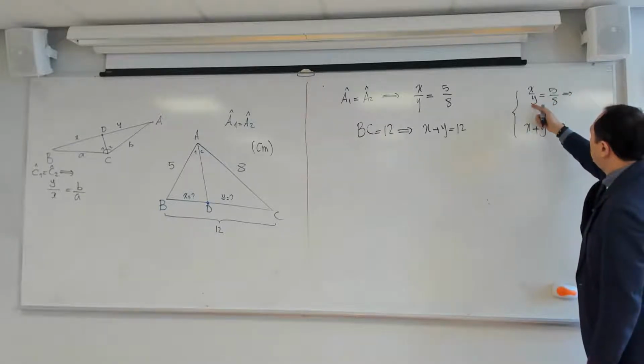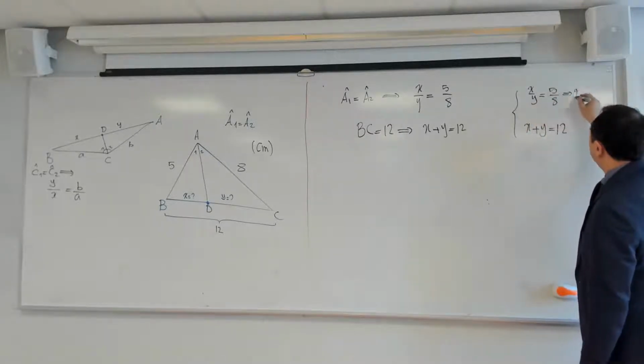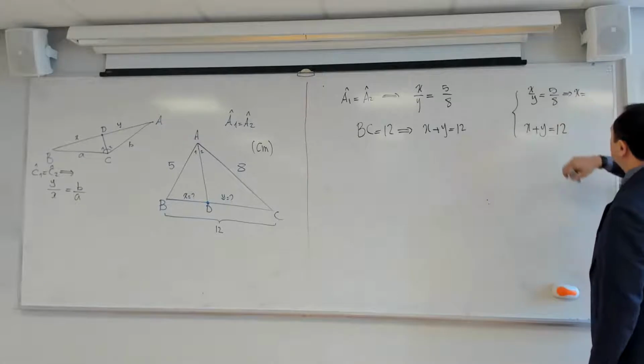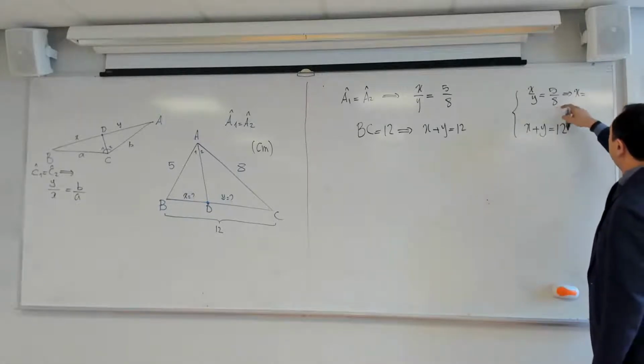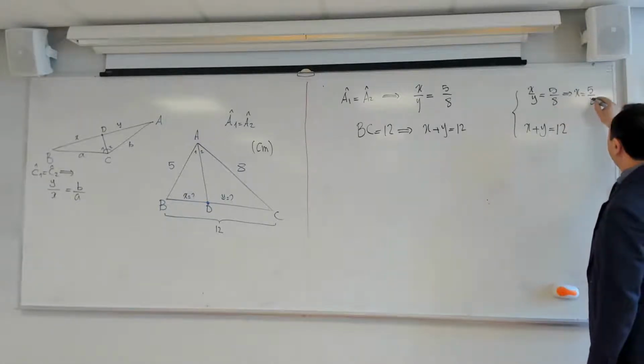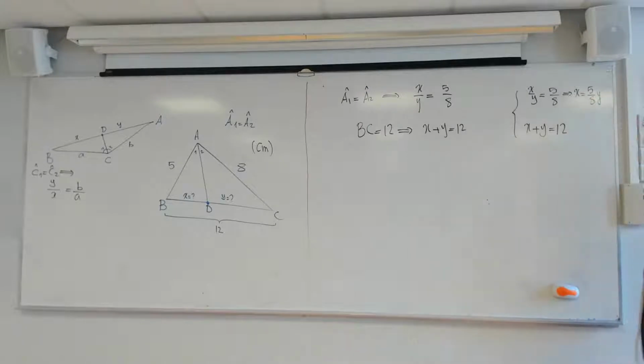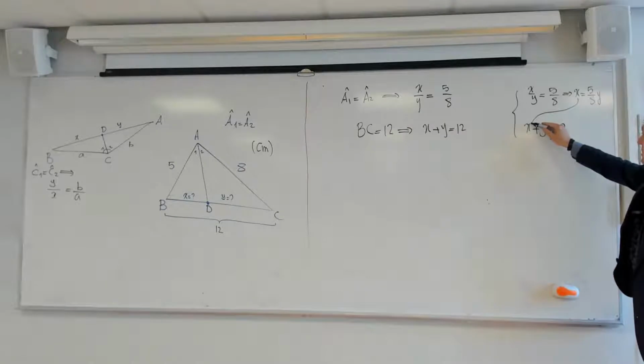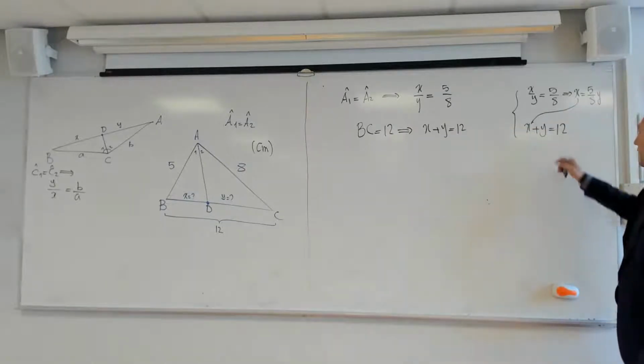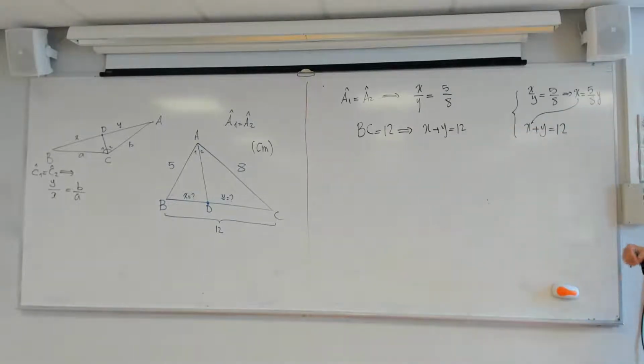Then x is equal to 5/8 times y. I substitute this x here, and I will have one equation with one unknown. Then I find y, put it back, and find my x.